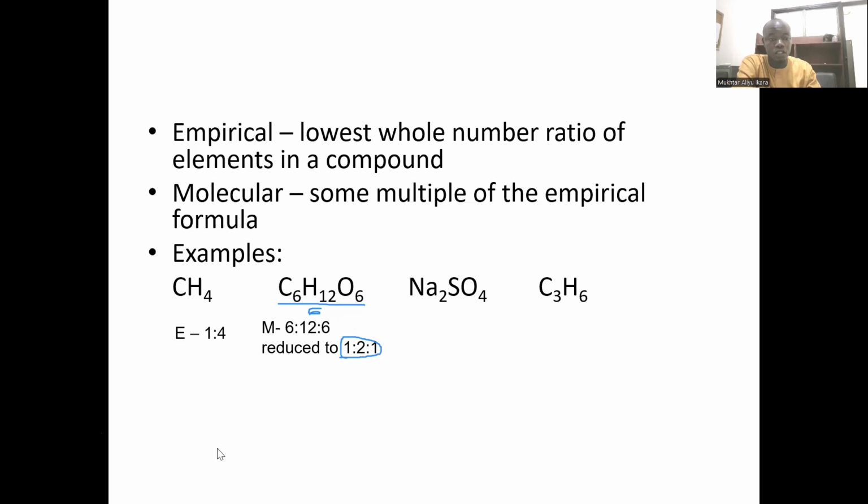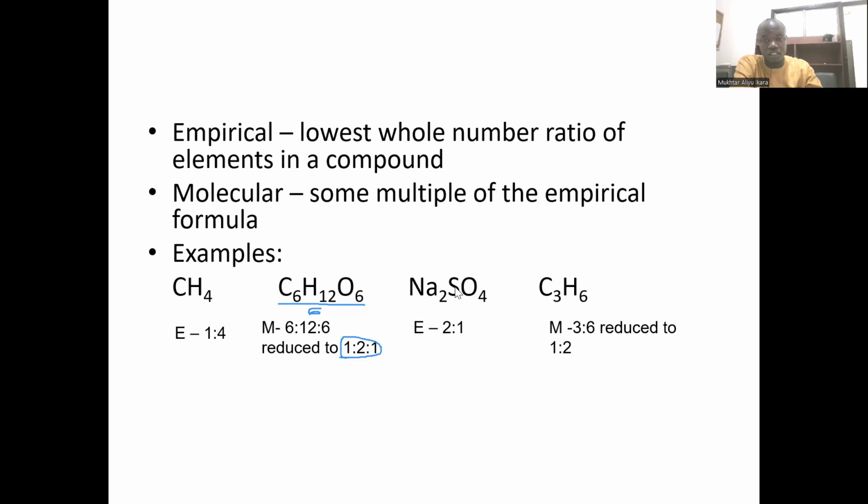And then the next one is disodium tetraoxosulfate(VI), Na2SO4. So you see that the empirical formula is 2:1. And how do we get this? Because the molecular formula is a multiple of the empirical formula.